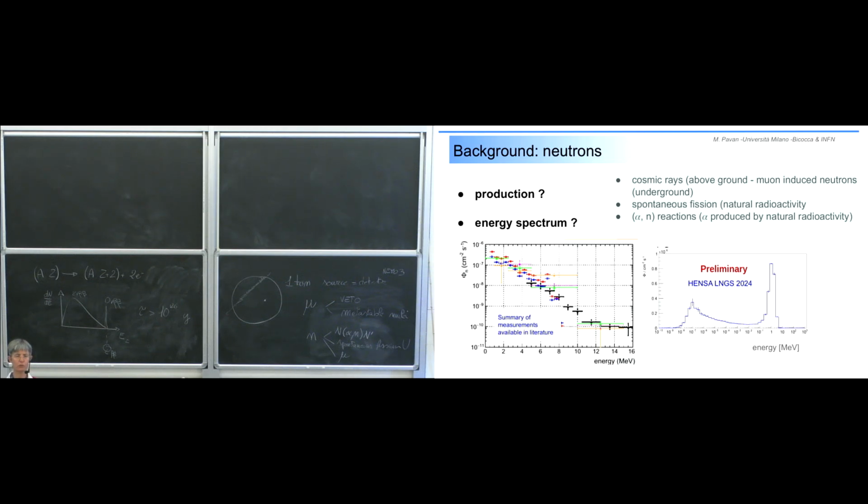Atmospheric neutrinos generally produce muons.